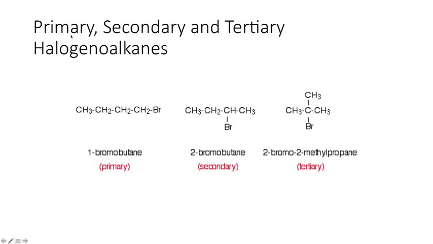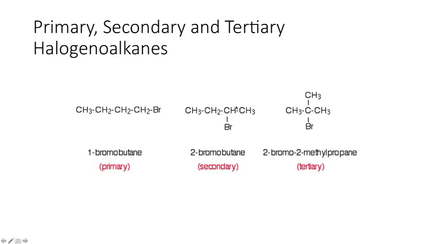So halogenoalkanes can be primary, secondary, or tertiary, depending on the number of alkyl groups attached. So here we see 1-bromobutane. As you can see, there is one methyl group, so therefore it's a primary halogenoalkane. Here is 2-bromobutane.